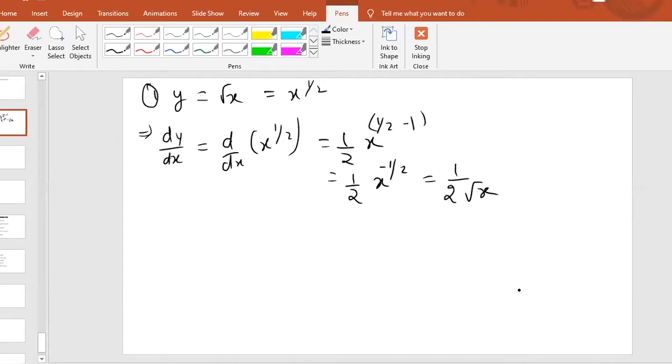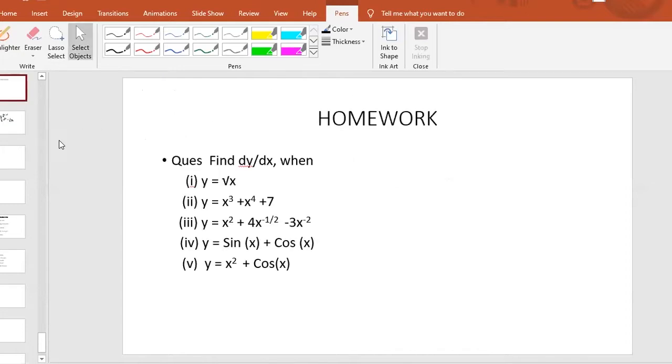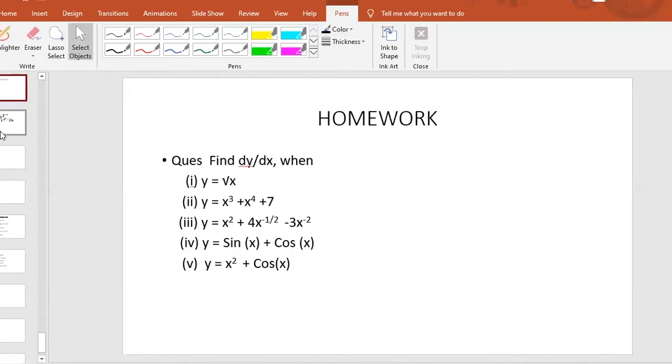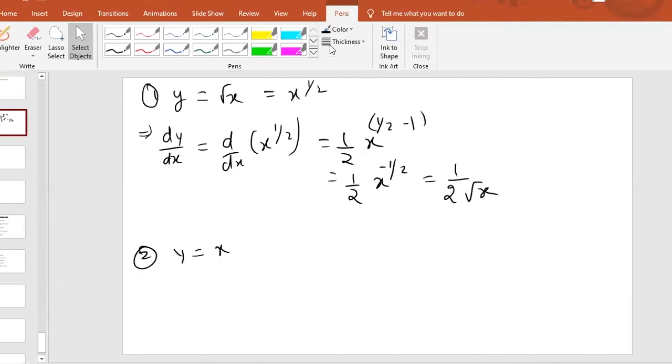Very good. Okay. Next, the next problem is that if y is equal to x cube plus x power 4 plus 7, then what is the value of dy by dx? We have to find dy by dx.